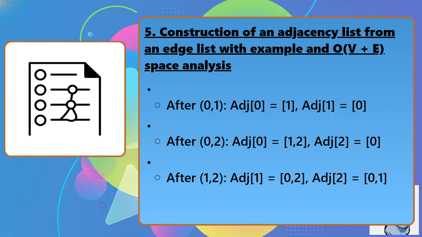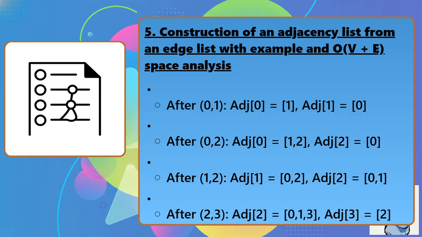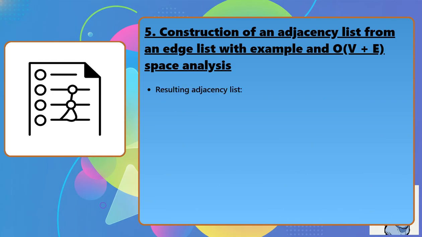After (2,3): adj[2] = [0, 1, 3], adj[3] = [2]. Resulting adjacency list: 0: 1 -> 2; 1: 0 -> 2; 2: 0 -> 1 -> 3; 3: 2.